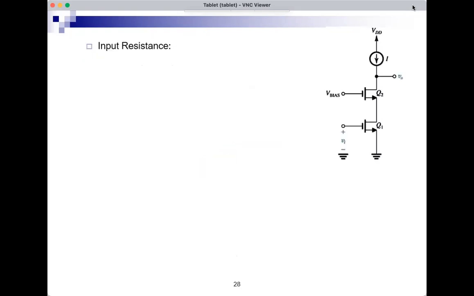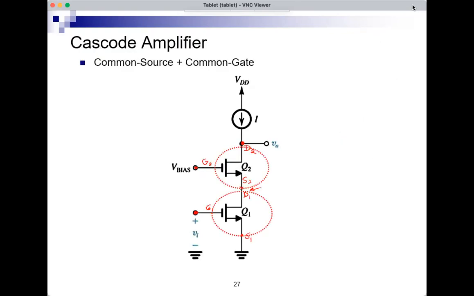So this is a common source stage followed by a common gate stage. We call this combination a cascode, and it has some interesting properties.